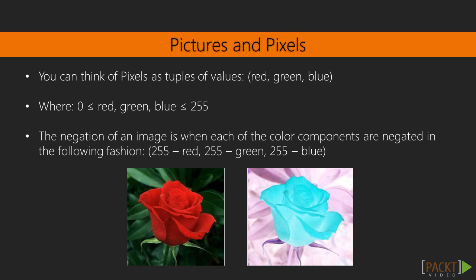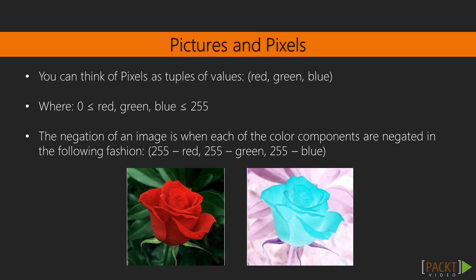The negation of an image then is just to take 255 and subtract each of the red, green, and blue channel values. So if we start with a pixel that has red, green, and blue in its color component, then the new pixel is 255 minus red, 255 minus the green, and 255 minus the blue.